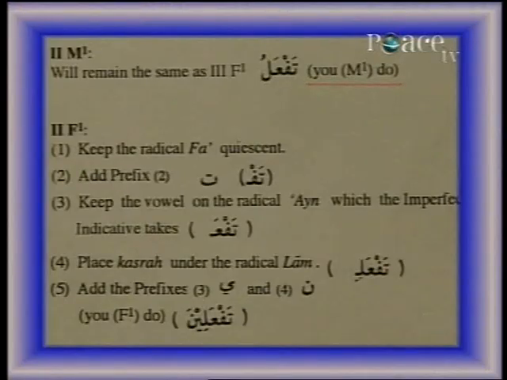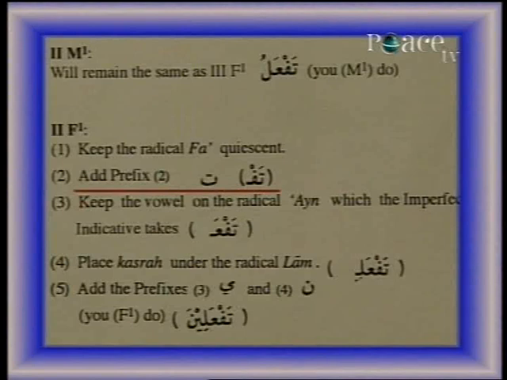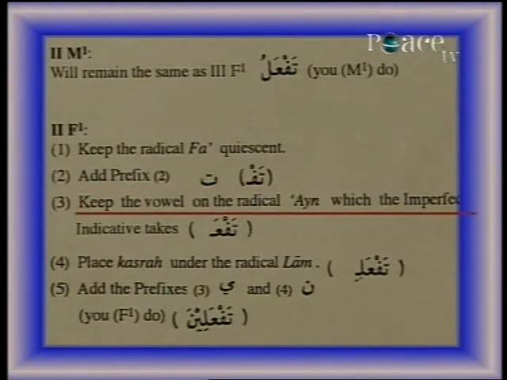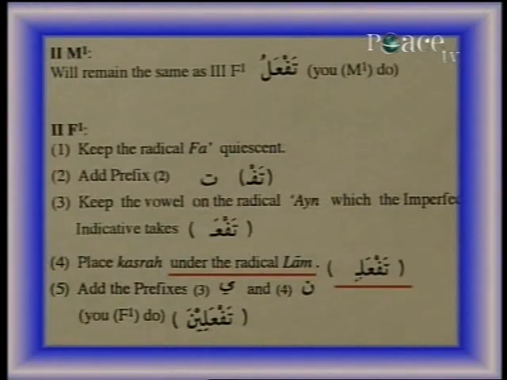2F1, keep the radical fa quiescent. Add the prefix ta, taf. Keep the vowel on the radical ayn which the perfect indicative takes, taf'a. Place kasra under the radical lam, taf'ali.